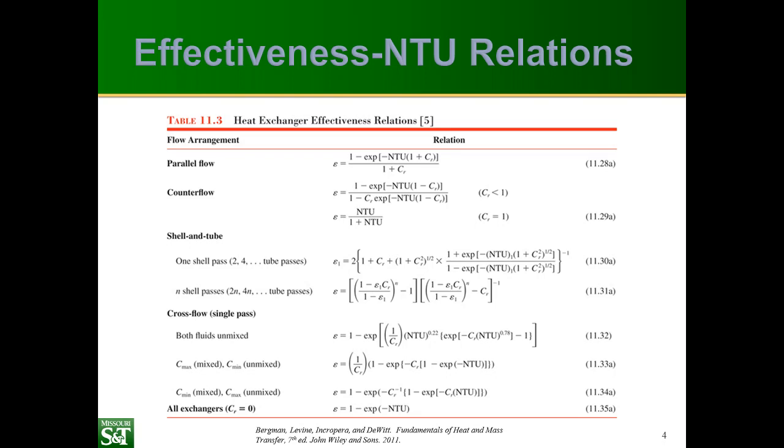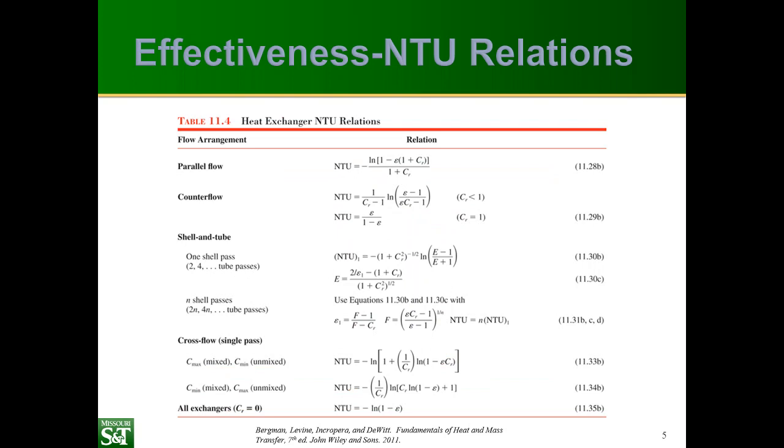For a heat exchanger design problem, where we know the effectiveness, because that's part of our design criteria, and we know the ratio of heat capacities, but we don't know what the heat exchanger looks like yet, then we have to pick a design and use the known effectiveness and heat capacity ratio to figure out how many NTUs we need. And then we use the equations shown here.